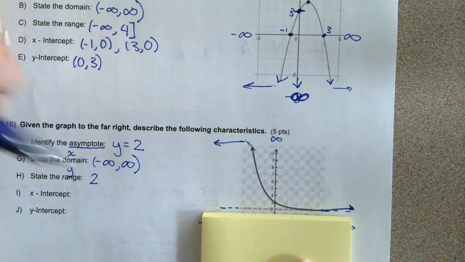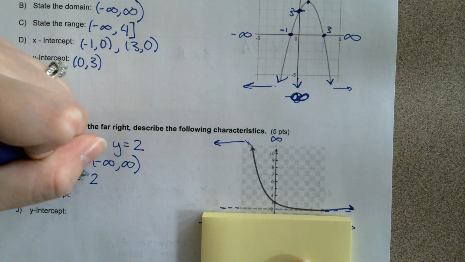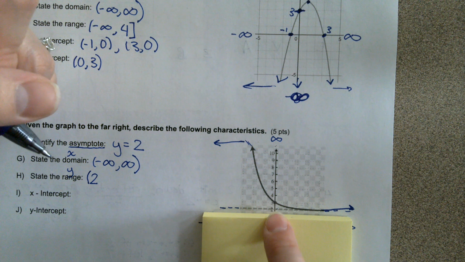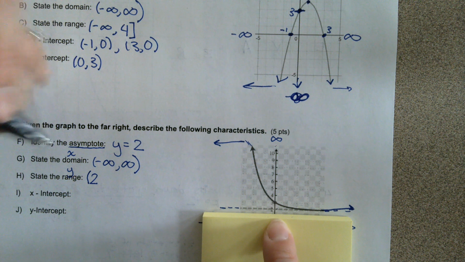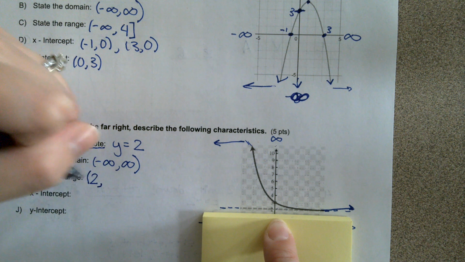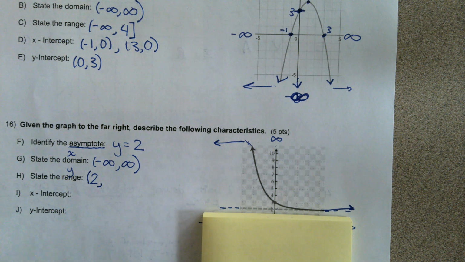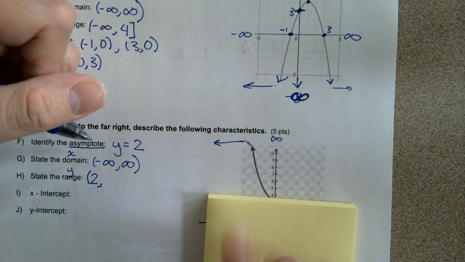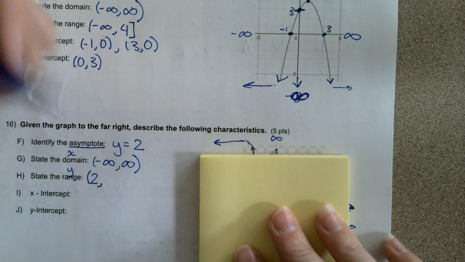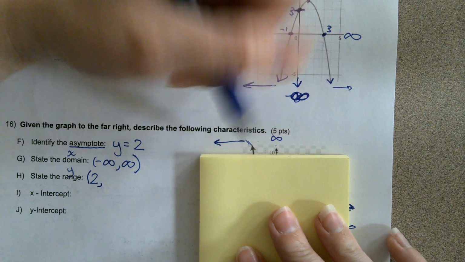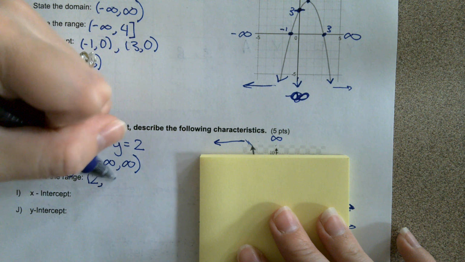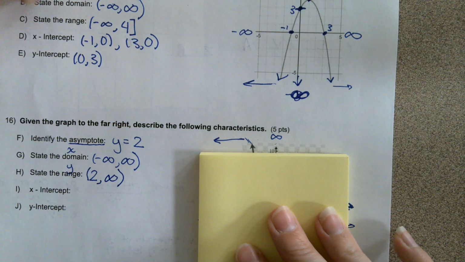So 2 is the starting point of the graph, but 2 is not part of this range. I can't get 2 out of this equation. It's not possible. So I'm going to put it at 2, but parentheses. It's not included. Then I follow it upward. Got solid line here, solid graph. And I made an arrow that, yes, is moving towards the left, but for the y-axis, it is moving up. We can see that. So it is going to continue on up to infinity.